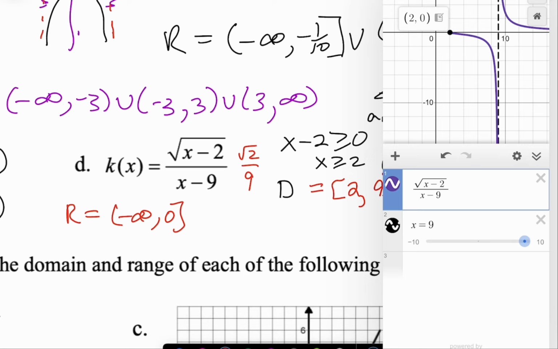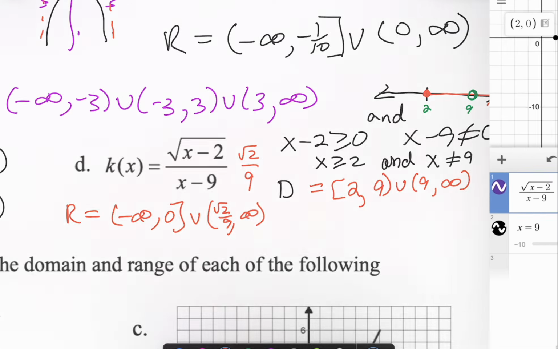We are heading to square root of 2 over 9. So I wouldn't worry about range of this one. I would probably not give you one that's that icky. But definitely know how to do the domain.